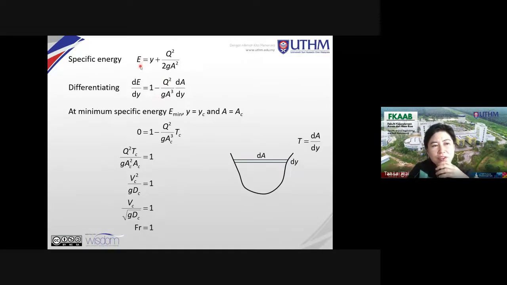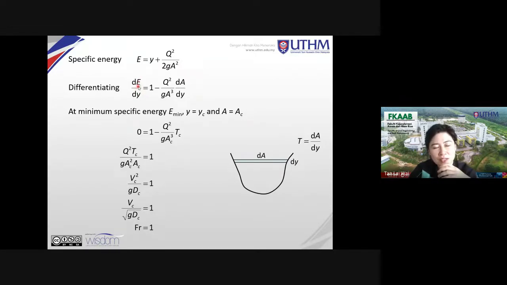When we differentiate, because we said E minimum occurs when the depth of flow is critical, we are going to prove that. So for E minimum, we differentiate dE with respect to Y and set this equal to 0, then we'll get E minimum.